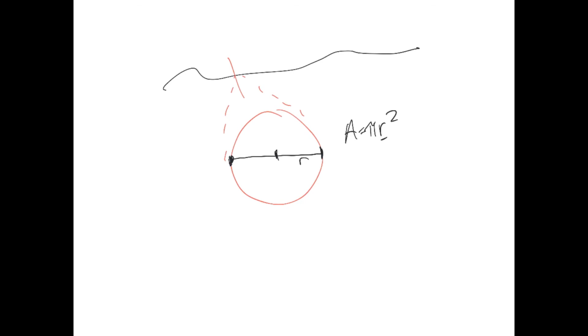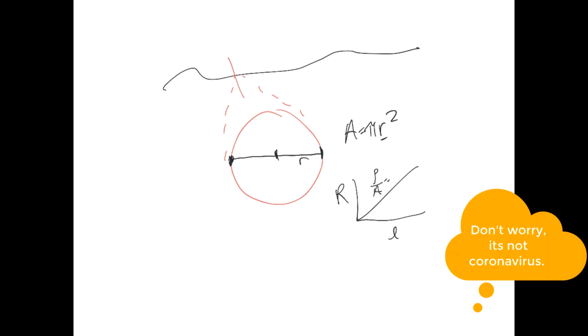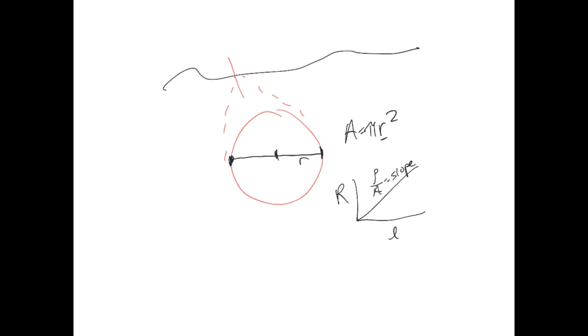All right, next, the slope that you got from your graph of resistance and length was really the resistivity over the area, but that was in centimeters. Let's say you got a value of like 0.85.